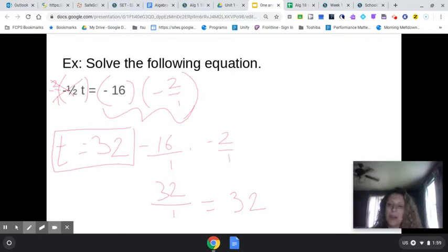Okay, so even though that had a fraction in it, rather than thinking divide by the fraction, it's much easier to multiply by the reciprocal. So anytime you see a multiplication problem or a division problem, it may be easier to think multiply by the reciprocal.